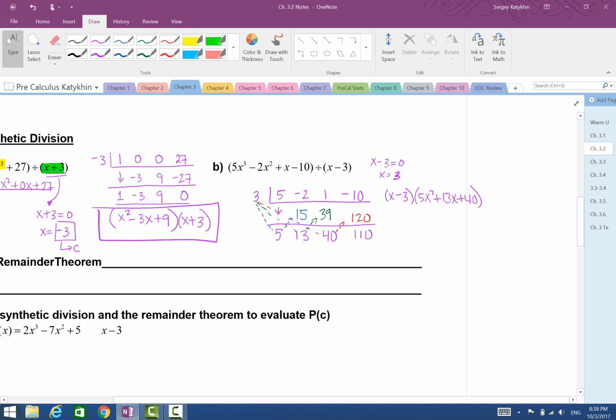And I do have a remainder, which in my case would be plus 110 divided by, and remember, I'm dividing by x minus 3, so that's my denominator, which means I have to keep that denominator, which is still x minus 3. And that would be how we use synthetic division. So our answer is going to be x minus 3 times 5x squared plus 13x plus 40 plus the remainder, which is 110 divided by x minus 3.